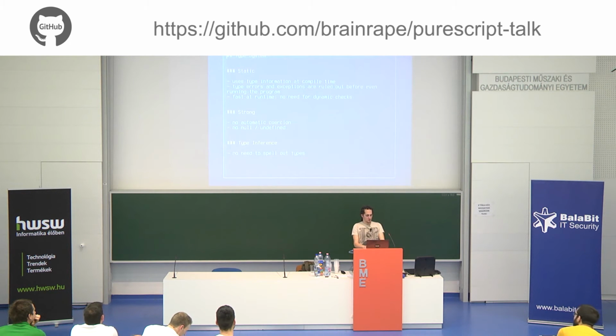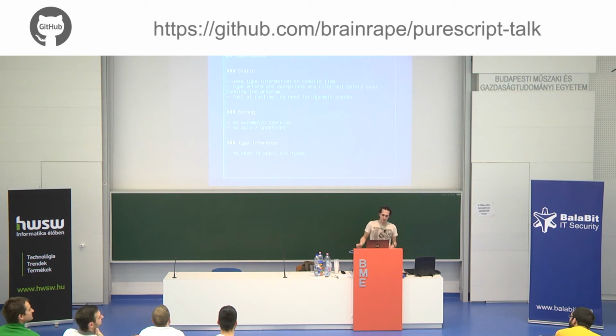So, I'm going to do a demo about these types real quick, but these basic facts about the type system that I would like and that PureScript has, besides being static, so knowing all the types in advance and stopping errors from happening before you even run the program.